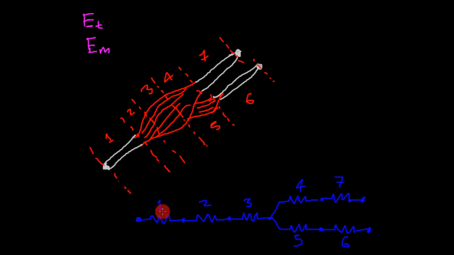Then you can calculate the spring constant equivalent to this if you know the initial lengths L1, L2, L3, and the initial diameters or the cross-sectional areas.